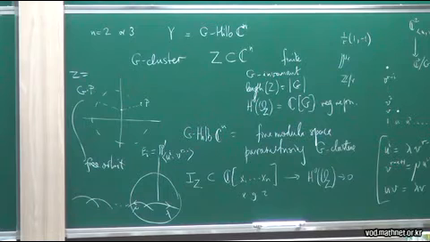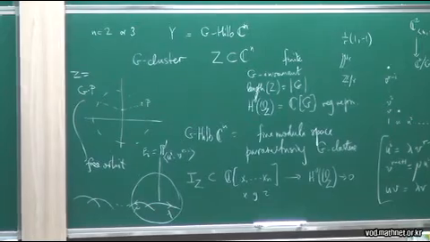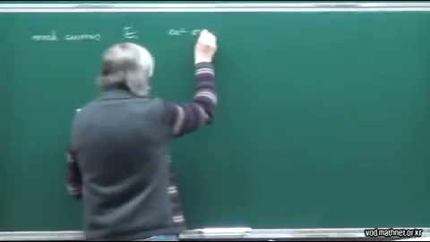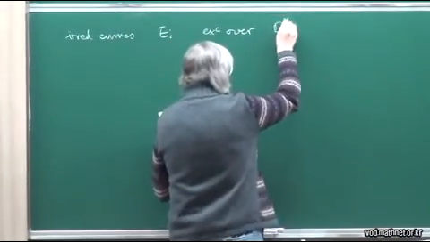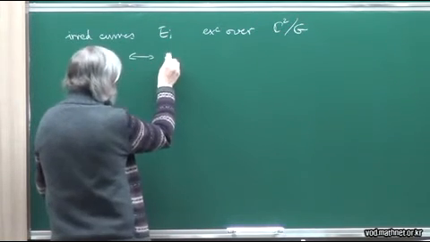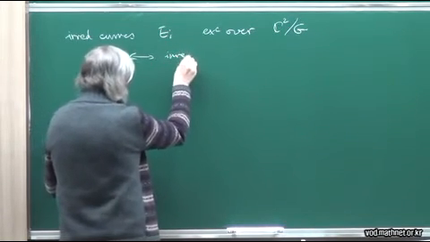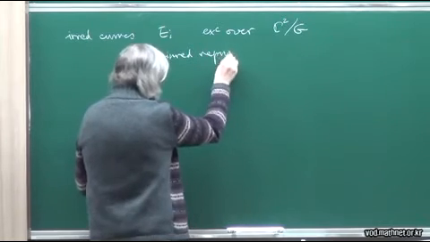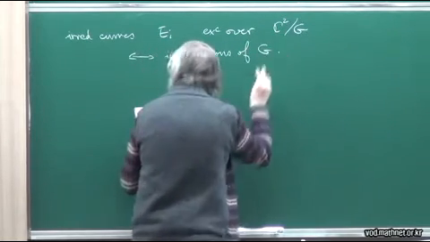So in this case, the irreducible curves E_i exceptional over C2 mod G correspond one-to-one with the irreducible representations of G.